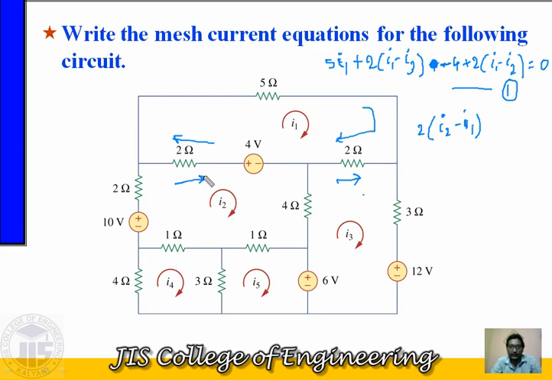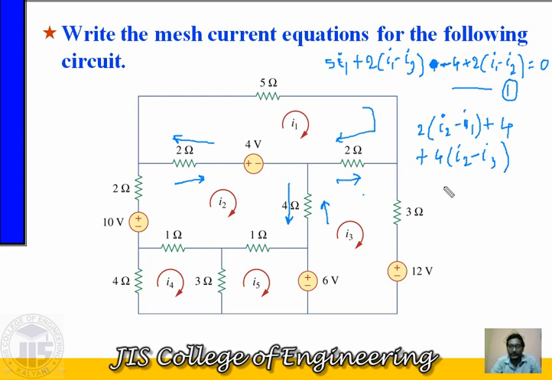Then we are moving to the positive terminal of this voltage source, that's why plus 4. Then again we are moving to this 4 ohm resistance, so plus 4 into the current. I2 current is up to down and I3 current is down to up, so it will be I2 minus I3.